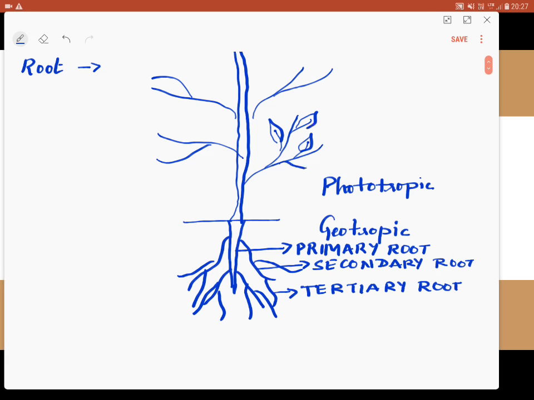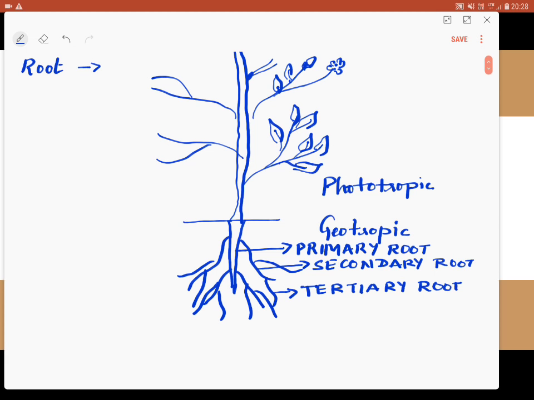Now, for the formation of branches, we know there will be axillary buds which will grow into a branch, and from each branch point there will again be buds which will form into leaves and probably into young flower buds and some into flowers. It is very important for us to understand this plant diagram to understand the function of root. Now, let us concentrate on the topic given today, that is root.